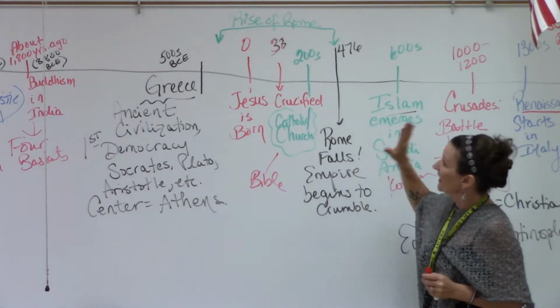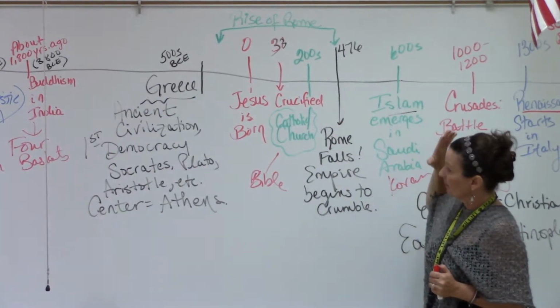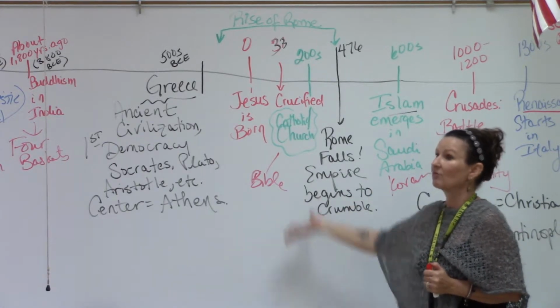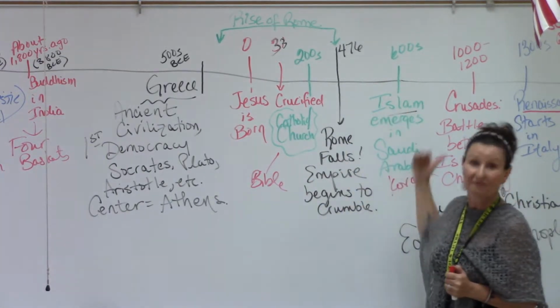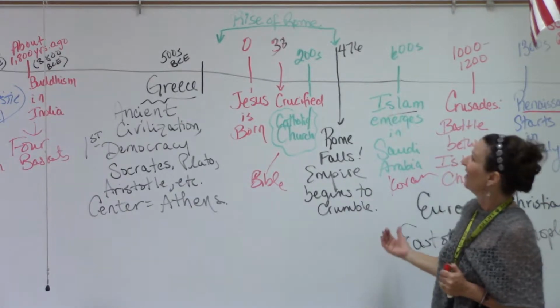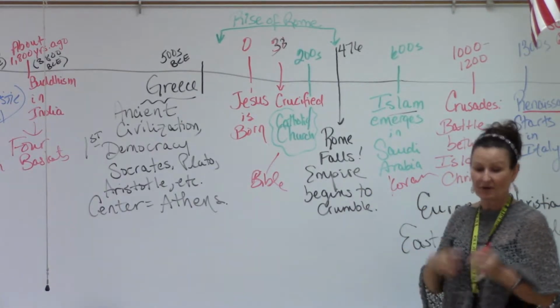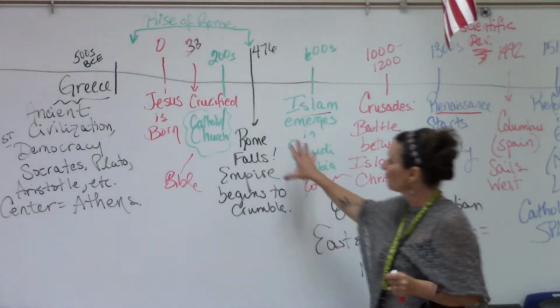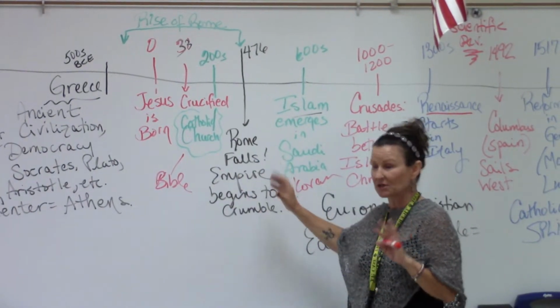Okay, we got to the point where we reviewed a little bit the rise of the Roman Empire and then the fall of the Roman Empire in 476 AD, when Rome was sacked by the Visigoths, the Ostrogoths, and the Huns. And the Roman Empire falls officially in 476.